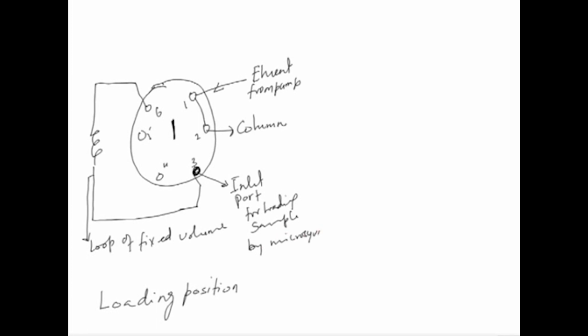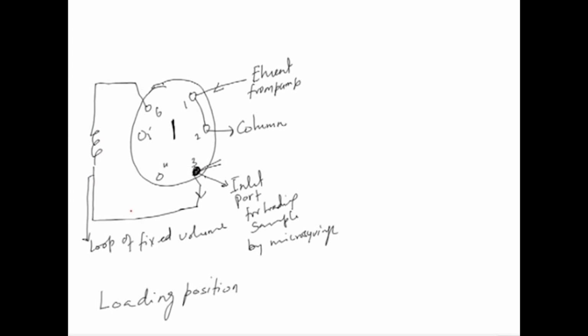All right. Once you have put in your micro syringe and you are loading your sample through it, your sample will move into this loop and fill this loop here. All right.